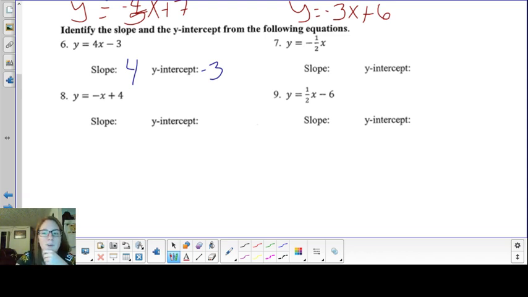Number 7, my slope is -1/2, but I don't see a plus or minus anything afterwards, do I? Well, if I don't see plus or minus anything, isn't that the same thing as saying plus 0 or minus 0? So my intercept here is just going to be 0. If nothing's written, it's assumed to be 0.